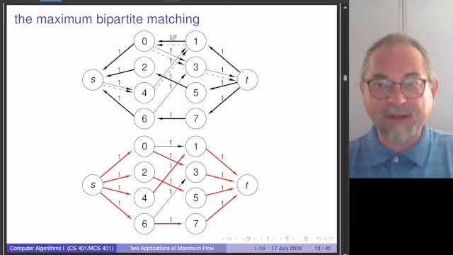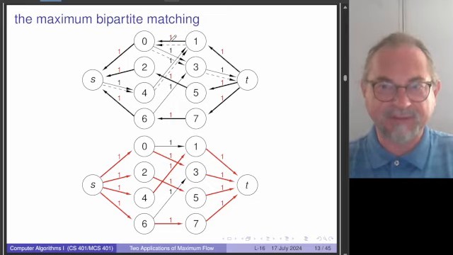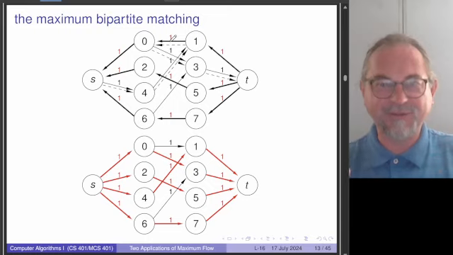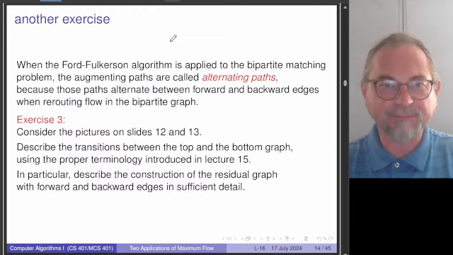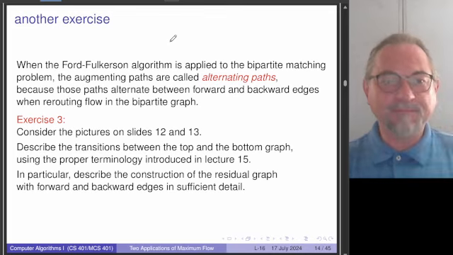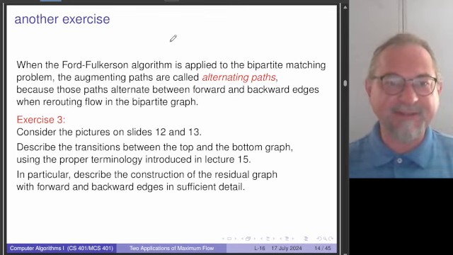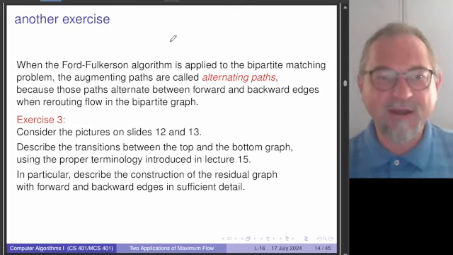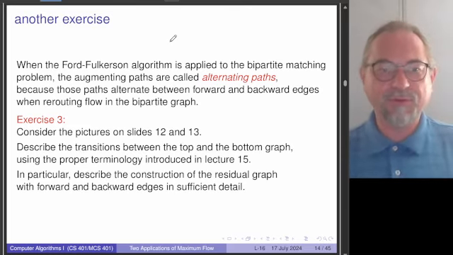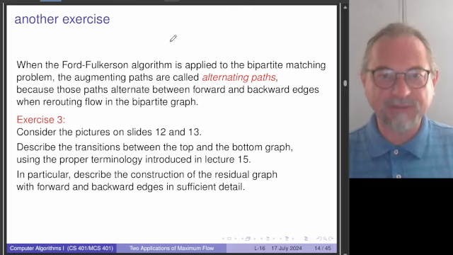Okay, so I dwelled a little bit longer on this because this is kind of the essence of the Ford-Fulkerson algorithm, which makes the lecture more self-contained. And in some sense, exercise 3 asks you to write out the story.